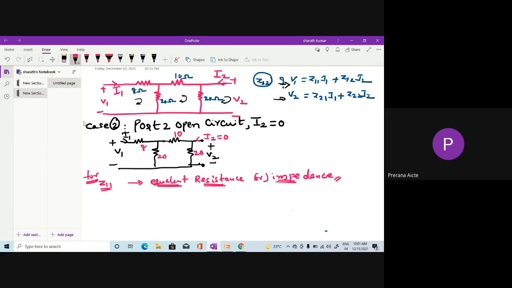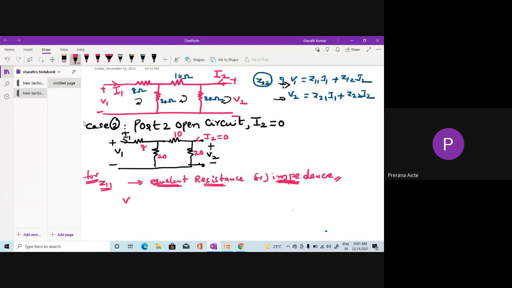Our circuit contains entirely resistors, that's why we take equivalent resistance. If our circuit contains inductance and capacitance values, we have to take equivalent impedance. So look at this equivalent resistance. By using equivalent resistance, how are we going to find Z11?